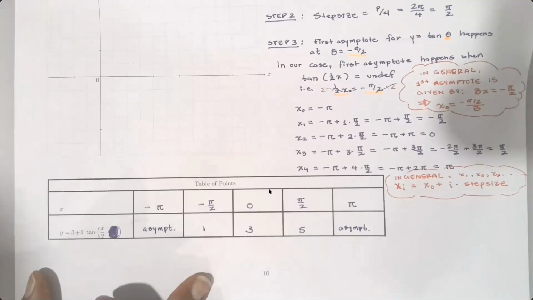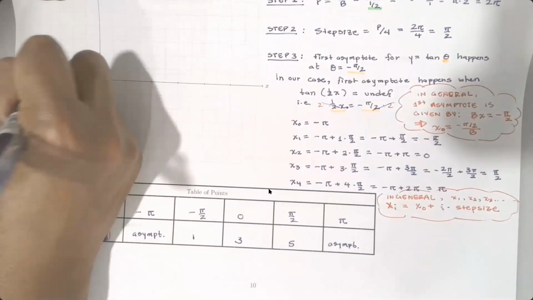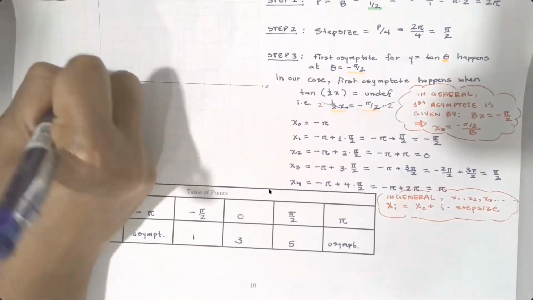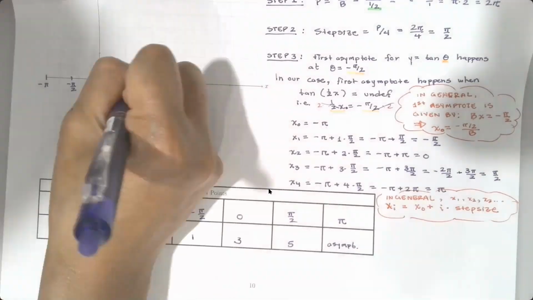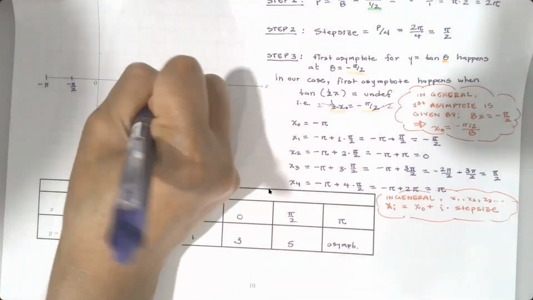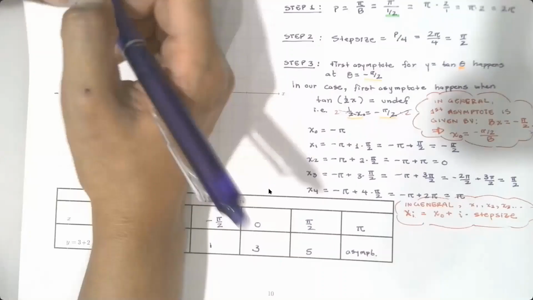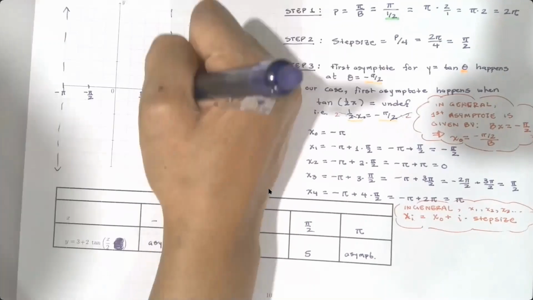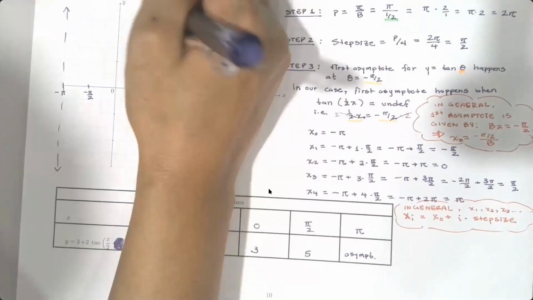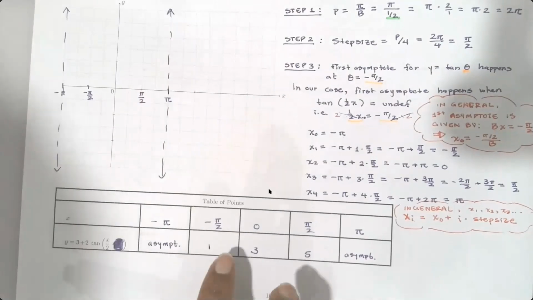All right, so let's label our tick marks. I'll make this negative pi over 2, 0, pi over 2, and pi. At negative pi and pi, we have asymptote, so that means we have this here. Then I should have y labels for 1, 3, and 5.